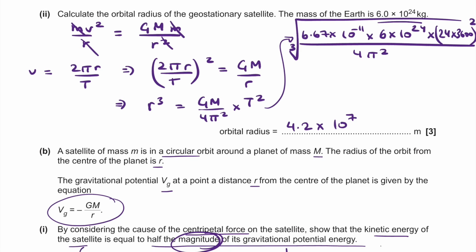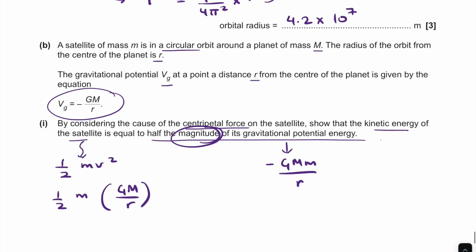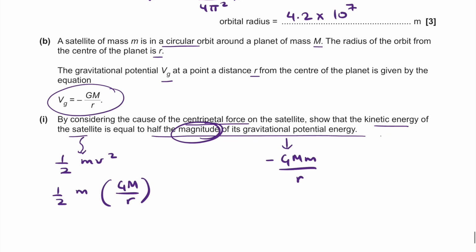So just using it from there, we can say that this bit over here represents the gravitational potential energy, and therefore kinetic energy is half of it. It's as simple as analyzing the two formulae, and that's basically the answer.